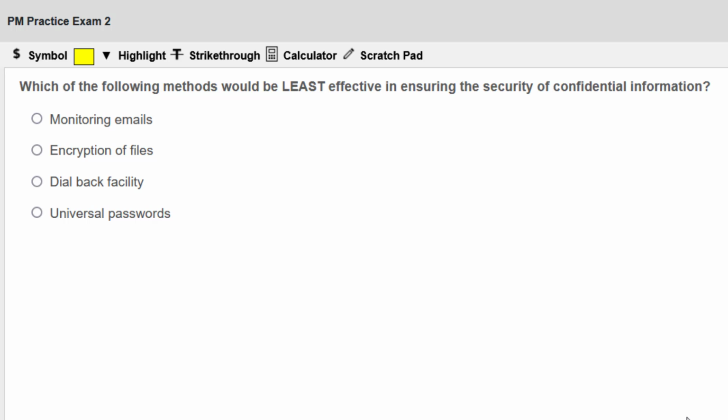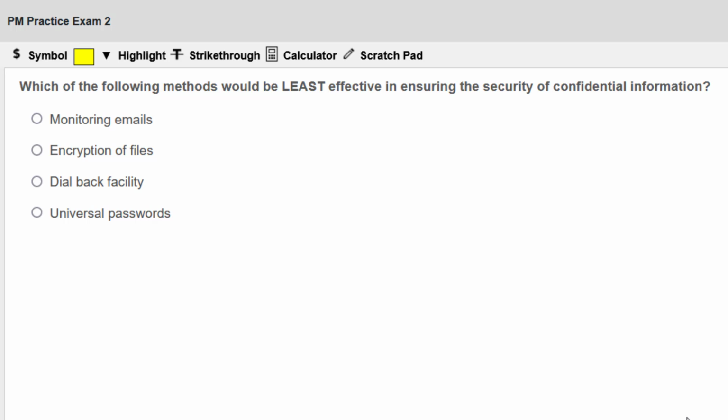Monitoring email. Well, that's reasonable. Companies monitor the email of their employees. Encryption. That's reasonable. Dial back facility. This is when you need to call back and you need to enter in some confidential information. A little bit outdated. Nowadays, they do that type of authentication on your telephone.